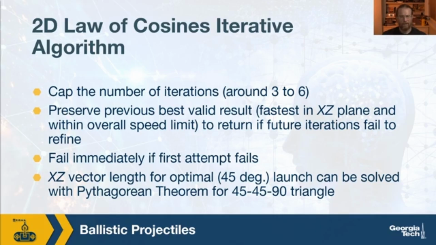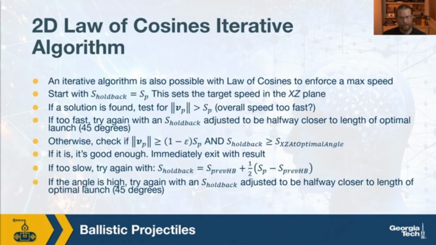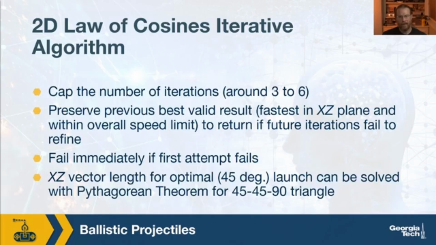So you can figure out what that would be in the XZ plane, because you're basically forming a 45, 45, 90 triangle, and you can use the Pythagorean theorem to determine what the XZ direction contribution to the overall velocity should be. That's what I'm referring to, if I go back a slide, when I reference the optimal launch: that length.